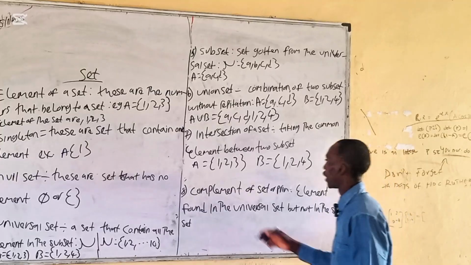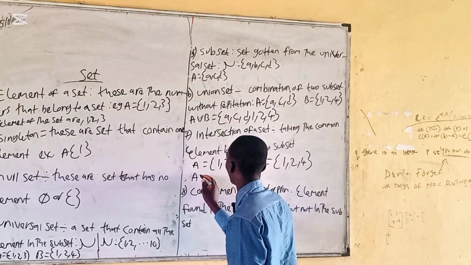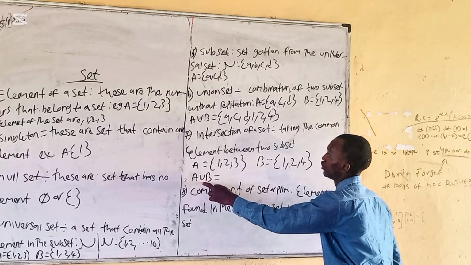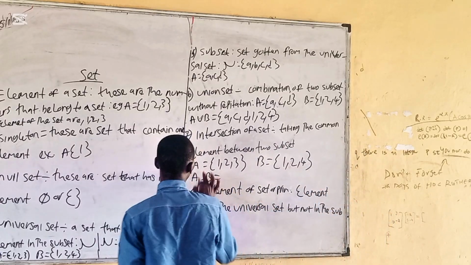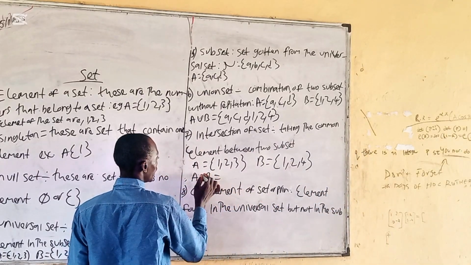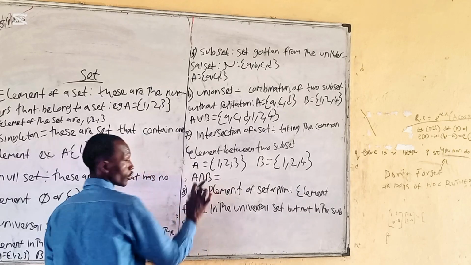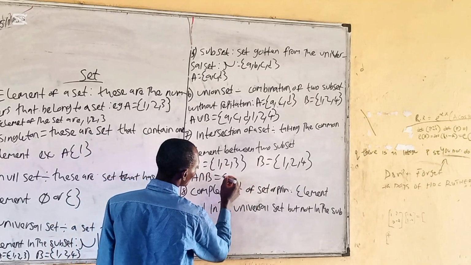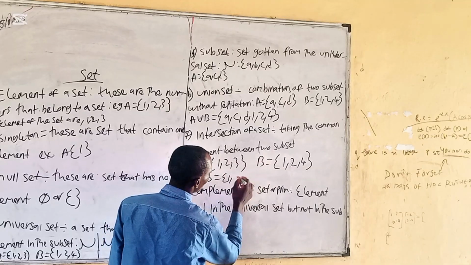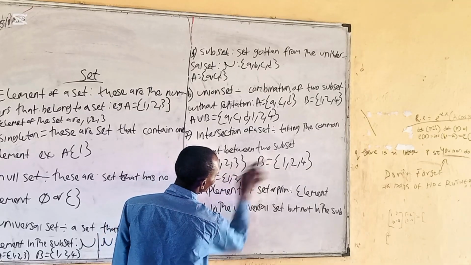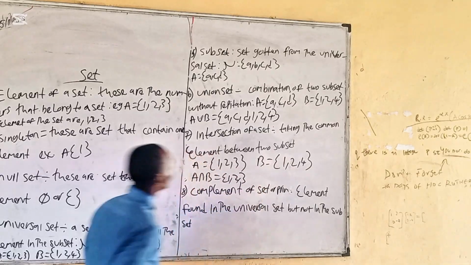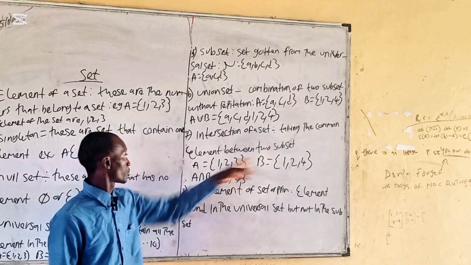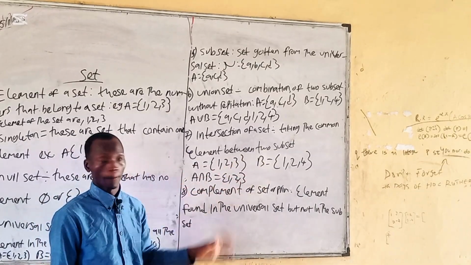It's denoted as A union B. Sorry, not A union B. It's A intersect B, because it's intersection. Now, what is common between these two? Look at it. We have 1, we have 2, we have 3, we have 4, we are done. Because we're only taking what is common between the two subsets. We're not taking anything more.